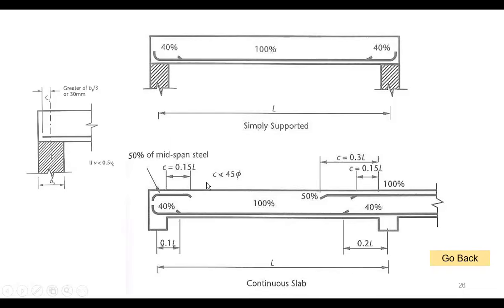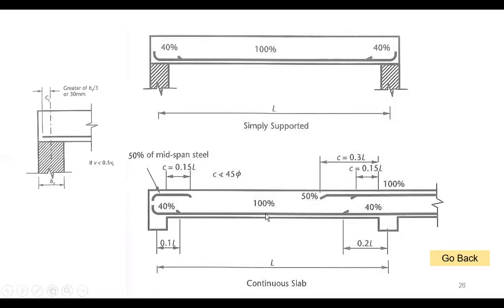At the end support here, because there is some fixation or some continuity between the slab and the last beam, it will result in some smaller amount of negative bending moments here. So you should also have some reinforcement. Usually this reinforcement will be taken as 50% of the main reinforcement.